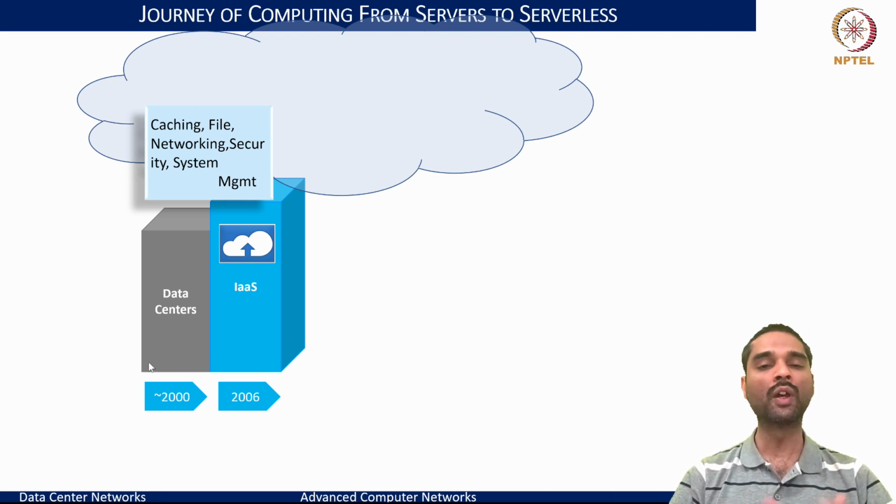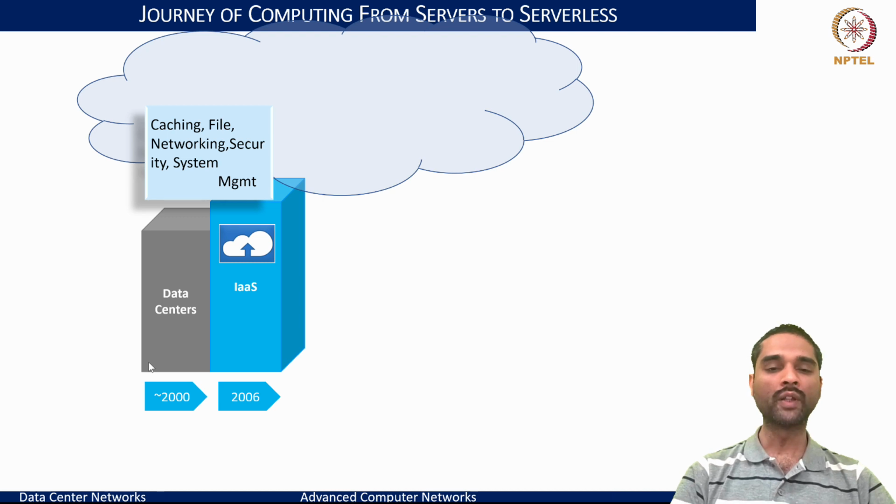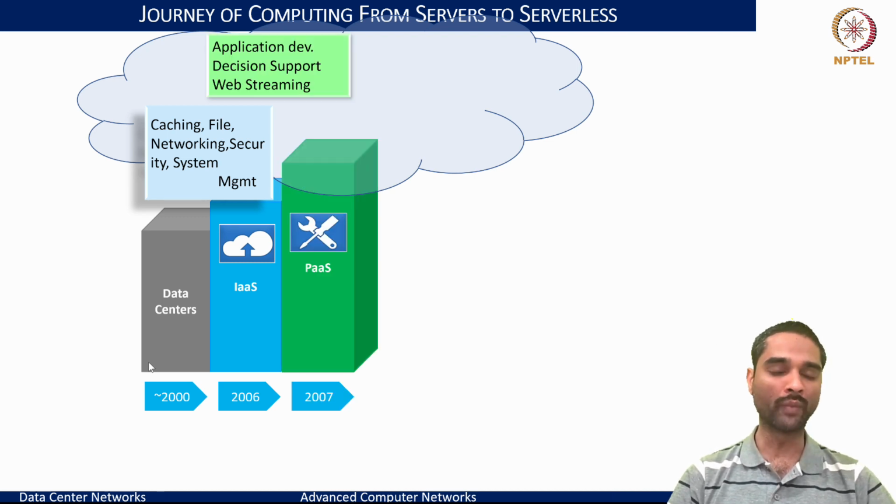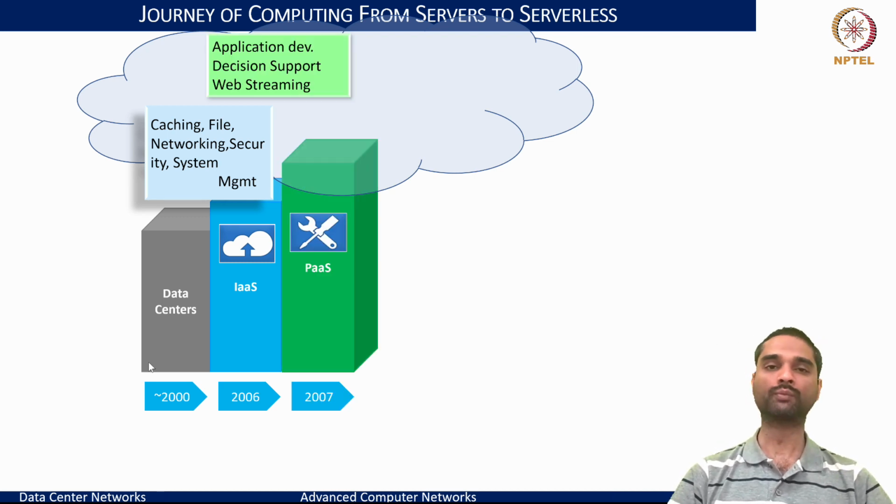All of these aspects had to be learned by the ones who would rent out the infrastructure from the cloud service providers. And then we gradually moved to the platform as a service model.